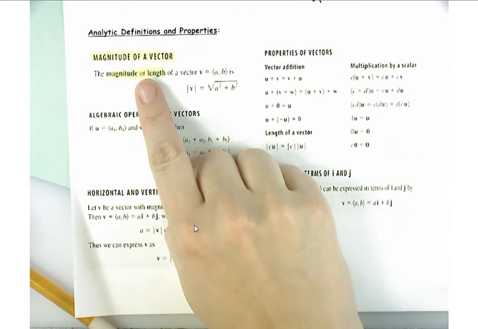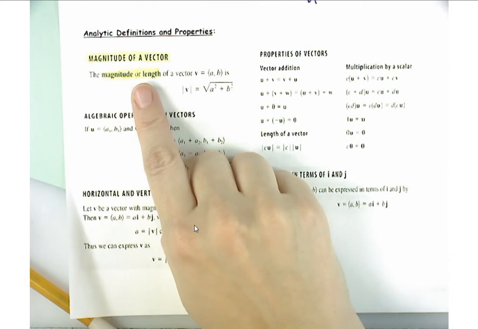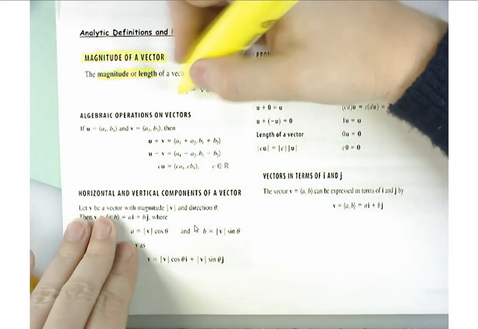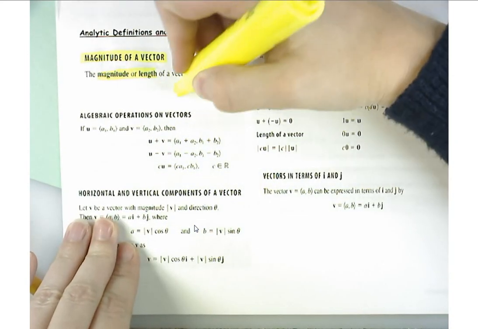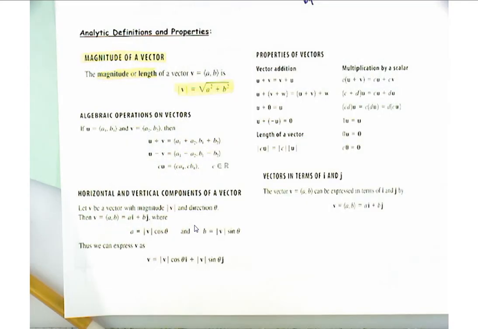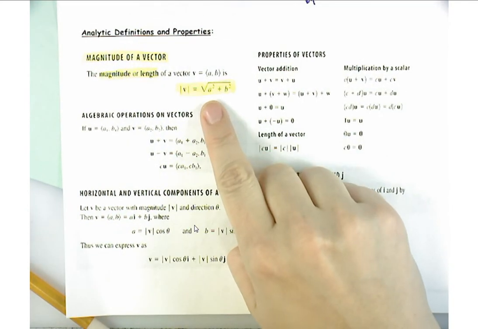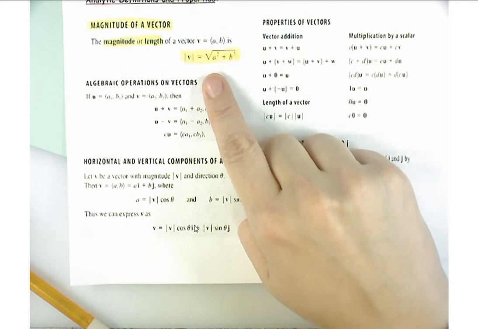The magnitude and the length are one and the same. Your magnitude or length is given by the equation, the absolute value of v is equal to the square root of a squared plus b squared. That should feel familiar. That is just like what we use to find what? It's exactly what we use to find r. You're going to see some other similarities as we go on today.